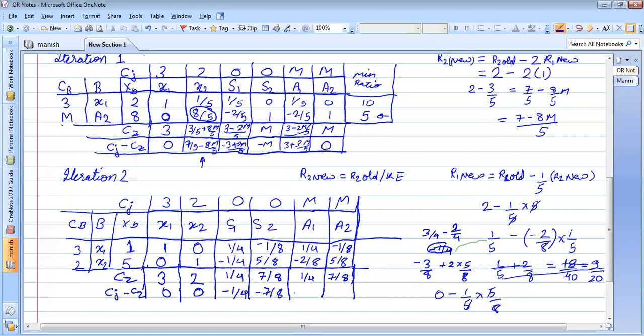Then M minus 1 by 4, M minus 7 by 8. Now what is the test for optimality? Cj minus Cz is greater than or equal to 0 for minimization.